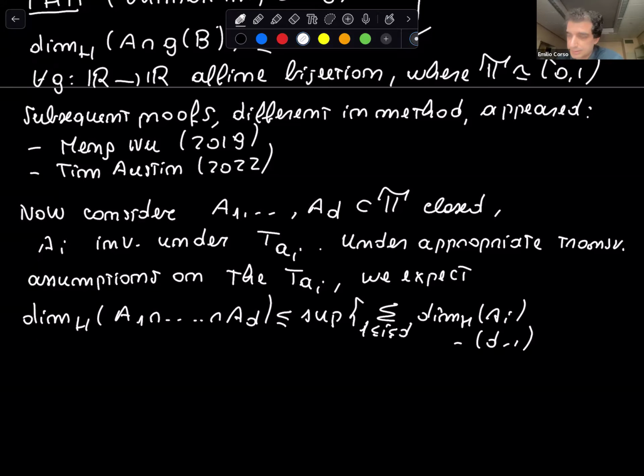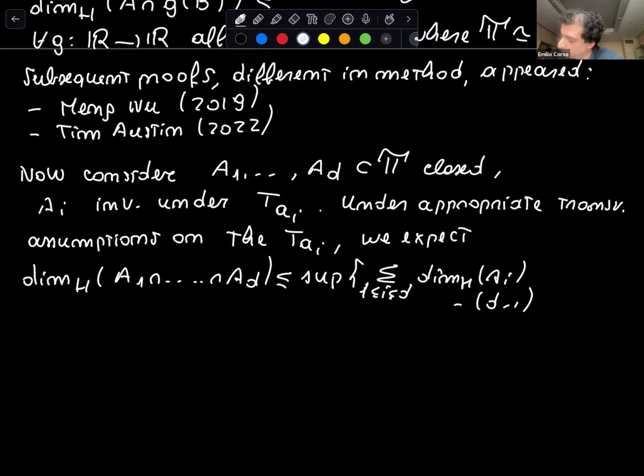We have d sets, so we need to subtract d minus 1, but of course taking the supremum with 0. So this we expect by generalizing the case of d equal to 2.